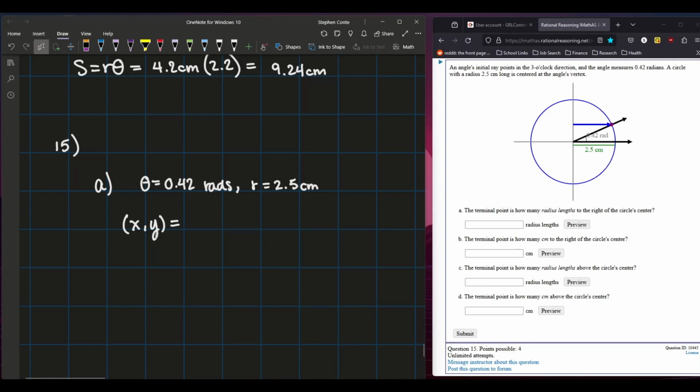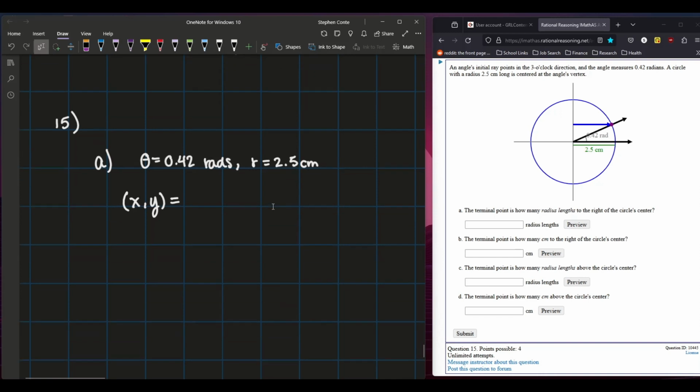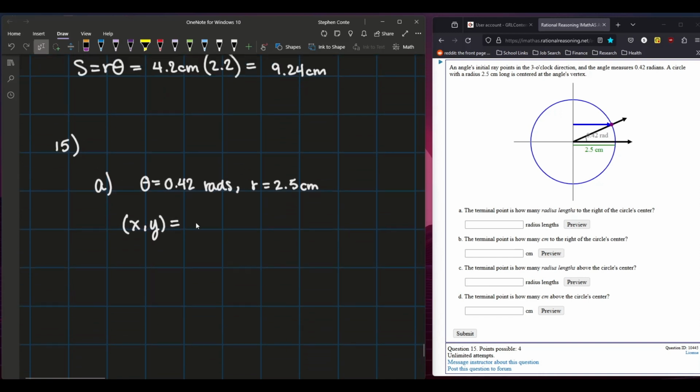How can I find points given a function? Obviously, if I had the tick marks here, sure, I could evaluate what the x and y values are. But for a general circle, we know that x comma y is equal to r cosine of theta and r sine of theta, right?